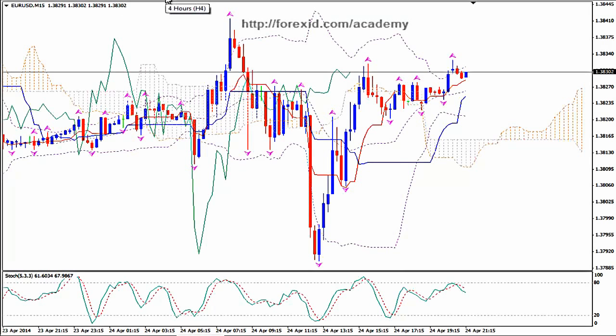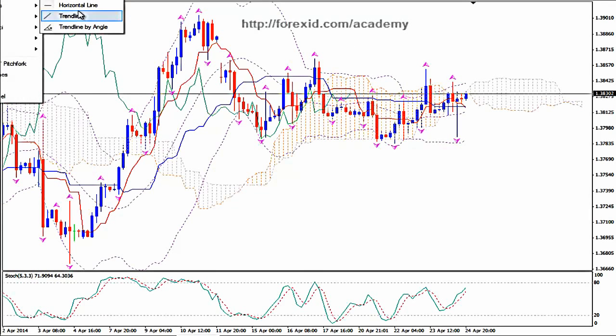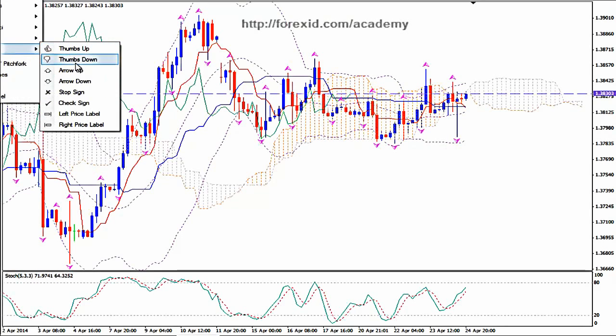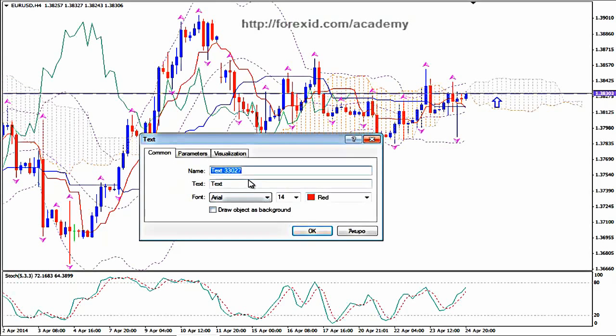So if we enter now on H4 time frame, I will insert a horizontal line here, also an arrow, and text saying that we can buy at 1.3830.